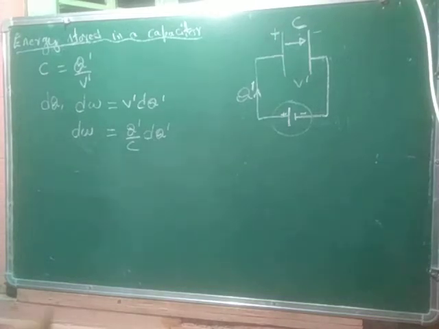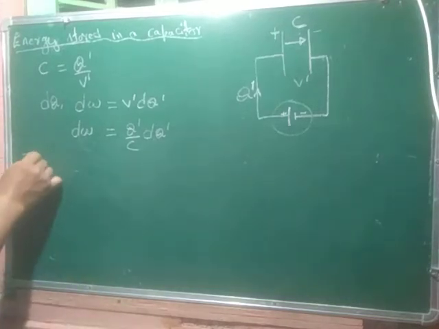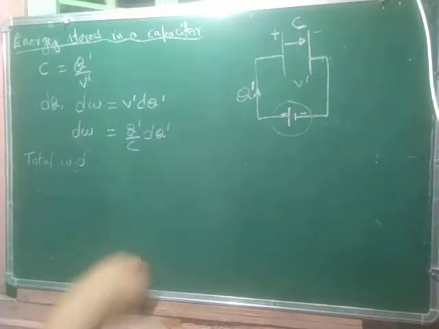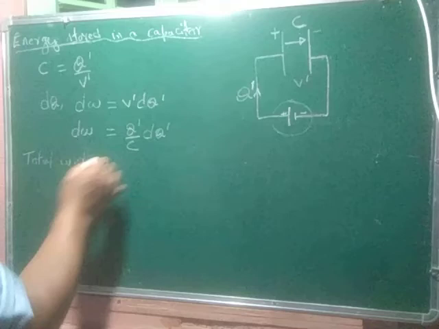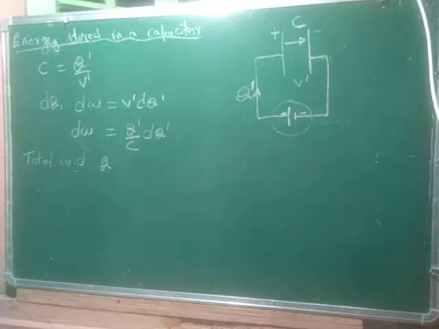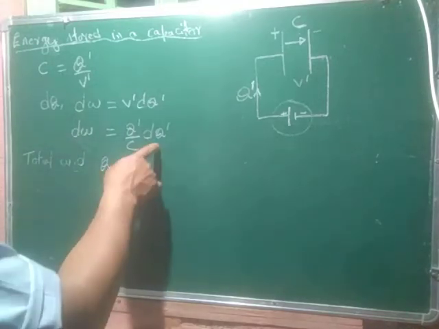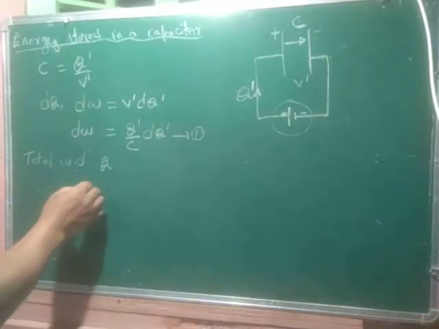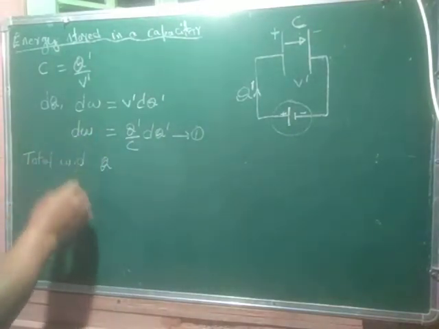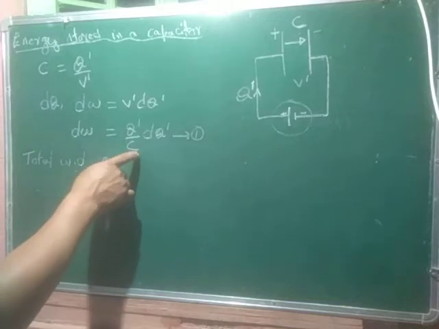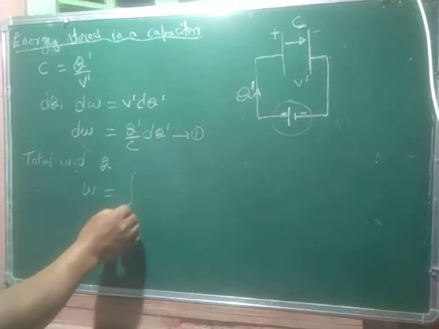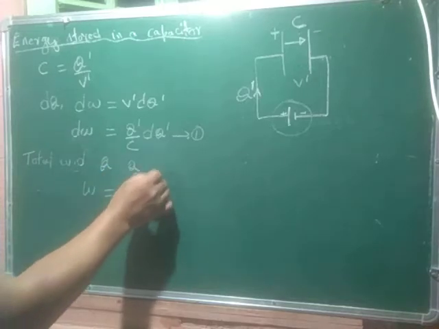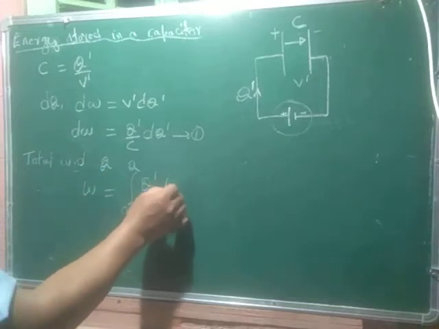Now the total work done to give a charge Q to the capacitor can be obtained by integrating this equation 1. If you integrate dW, it will be W, and on the other side you integrate from 0 charge up to Q of Q dash upon C dq dash.